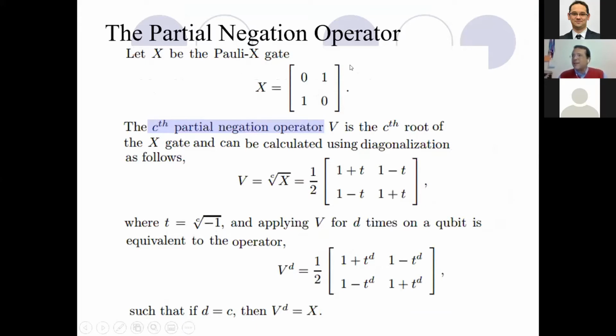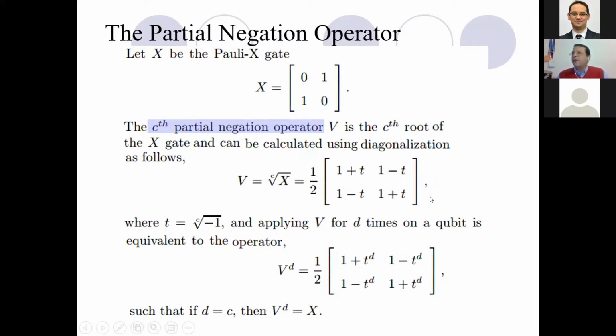The Pauli X gate is the equivalent of the NOT, the negation in classical computing. But by partial negation today, I mean that we can take an arbitrary root. The square root may be popular in the decomposition of Toffoli gates, but today I will deal with the C-th root of the X gate.